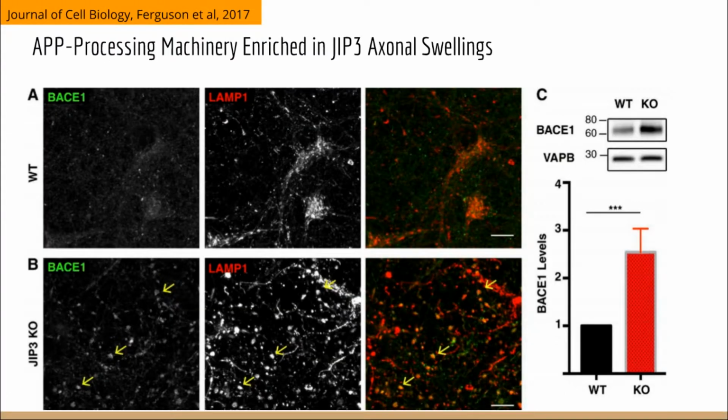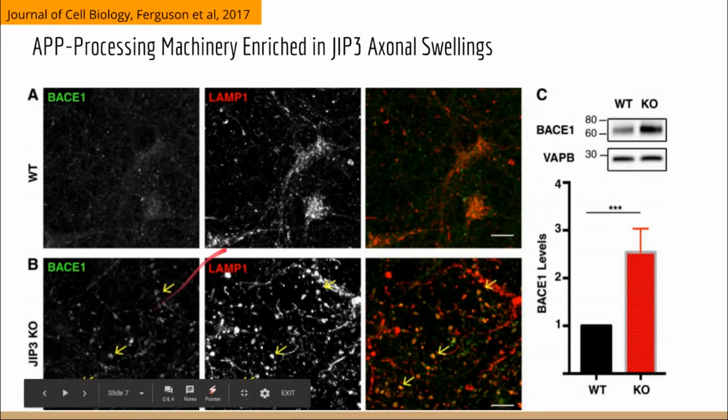The authors wondered if these JIP3 knockout axons with accumulated autolysosomes also had high levels of APP processing enzymes, like what's observed in Alzheimer's disease. And indeed, JIP3 knockouts had about 2.5 times more BACE in their neurons. This immunocytochemistry stains for both BACE, in green, or I guess the image isn't green, and LAMP1.